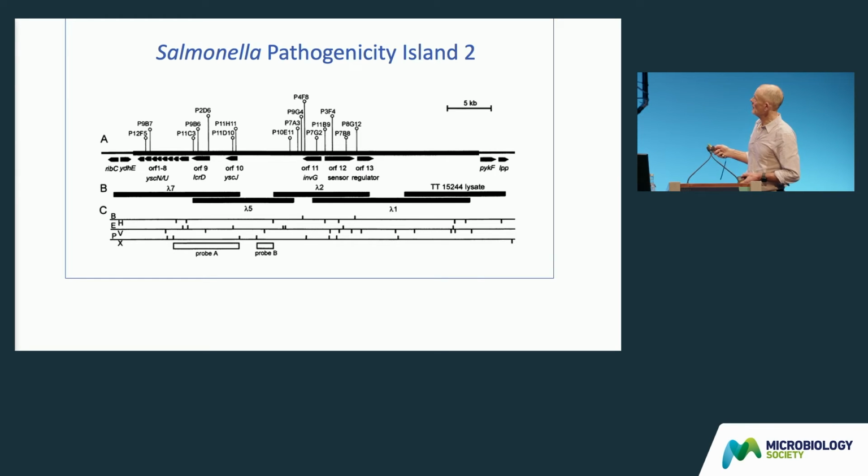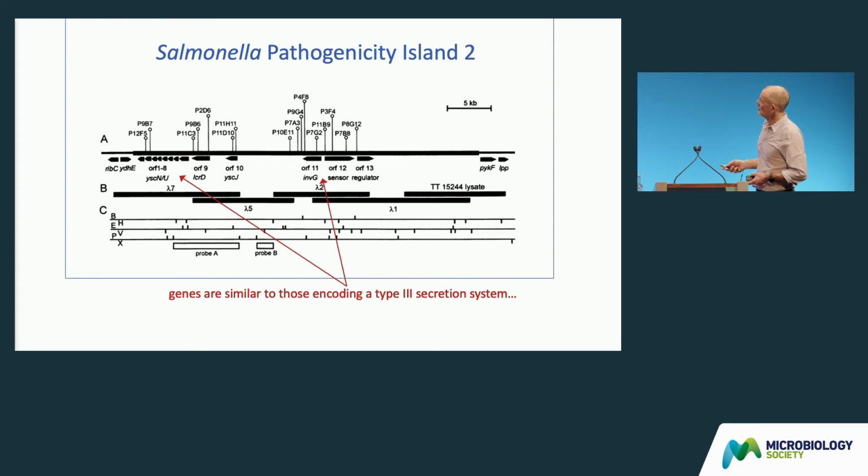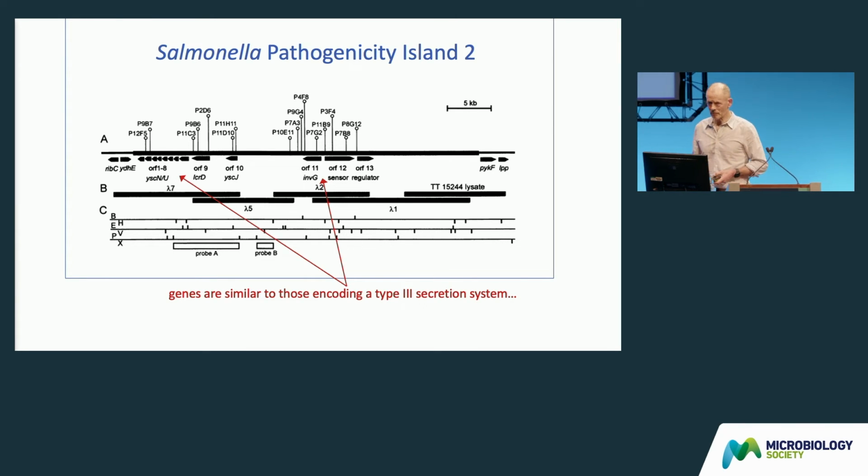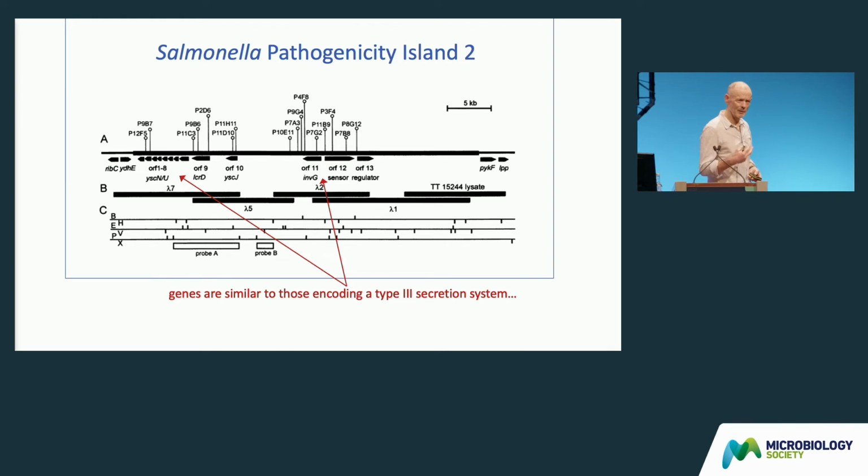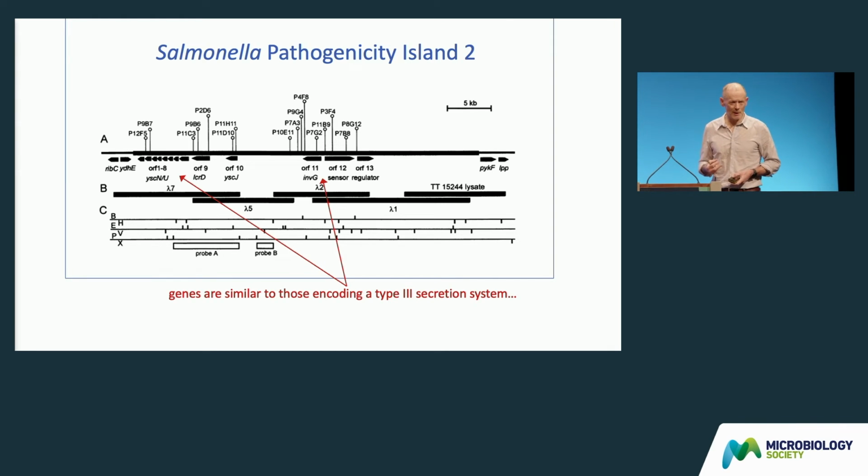And here you can see that a whole cluster of these different mutants, these lollipops, denote the insertions of the transposons in what we now call Salmonella pathogenicity island 2. The first thing that was apparent was that some of these genes were similar to those encoding a type 3 secretion system, but not the type 3 secretion system of the flagellum, the type 3 secretion system that had already just been described in Salmonella and in Yersinia and other bacteria as being virulence-associated type 3 secretion systems, what we now call injectosomes.